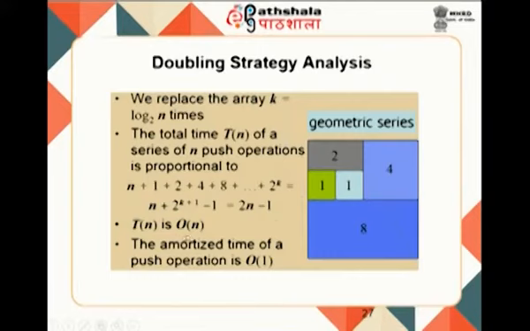So, it is of the order of n, and the amortized time of the push operation is of the order of 1. So, that is the difference. If you do doubling, the amortized time is of the order of 1, but if you do it with the incremental strategy, the amount of time is of the order of n. So, obviously, doubling strategy is better.